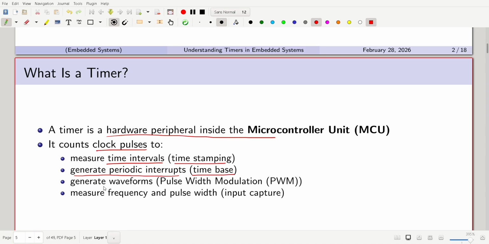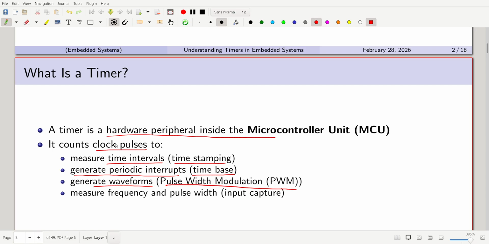It generates waveforms, used in motor control, through pulse width modulation (PWM). And it measures frequency and pulse width through input capture. So these are the various forms in which a timer can be used.